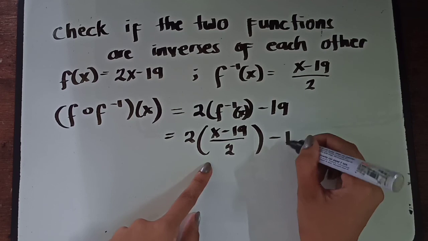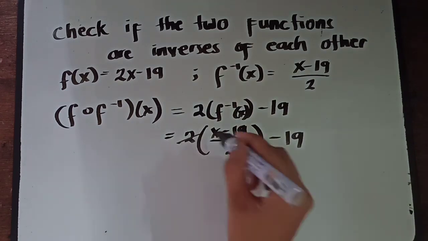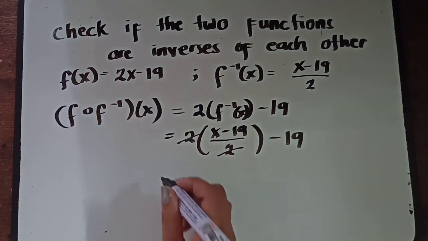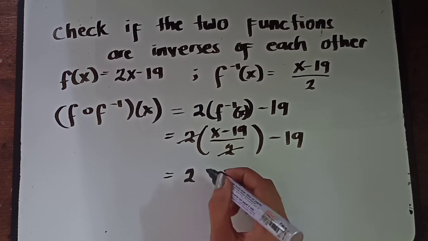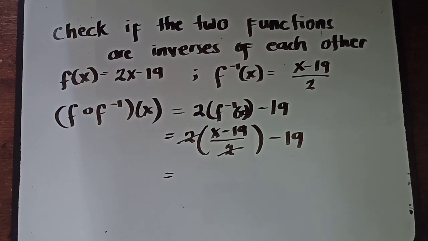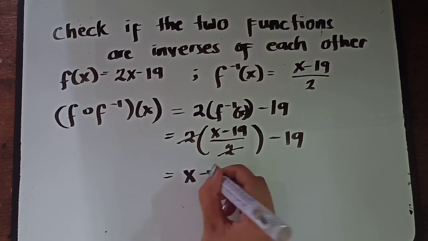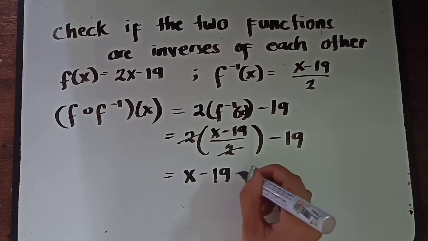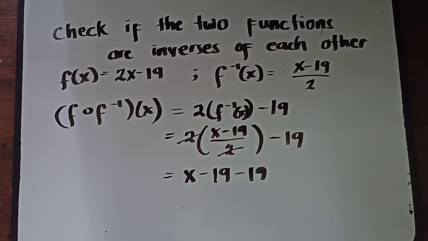Then minus 19. So, pwede ko i-cancel si 2. Ano na lang po ang natira? So, that is x minus 19, then minus 19. And x minus 19 minus 19 is equal to x minus 38.